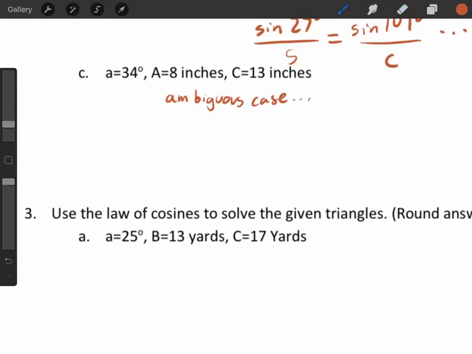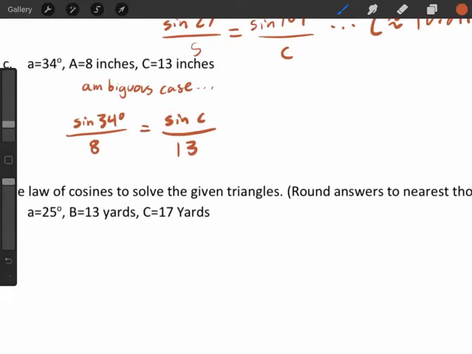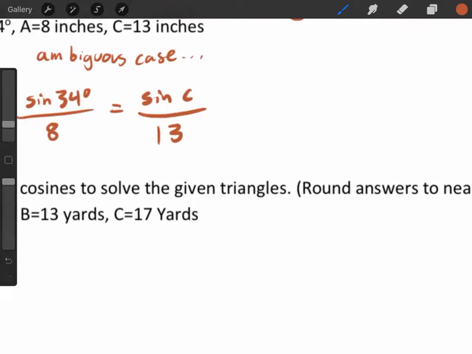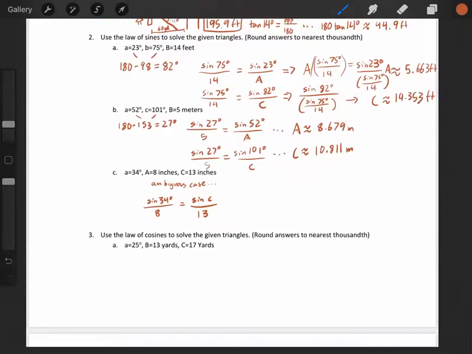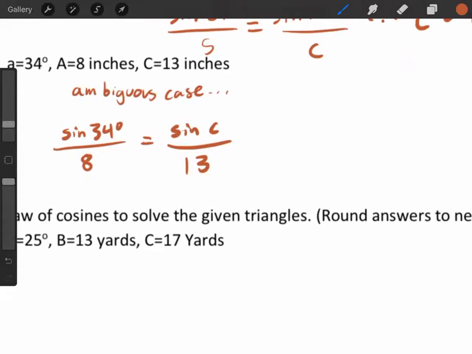So we go into sine 34 degrees over 8 is equal to sine of c over 13. This moves us to sine inverse, which is the first time we've used inverse in this entire sheet. So let's might as well do it here.